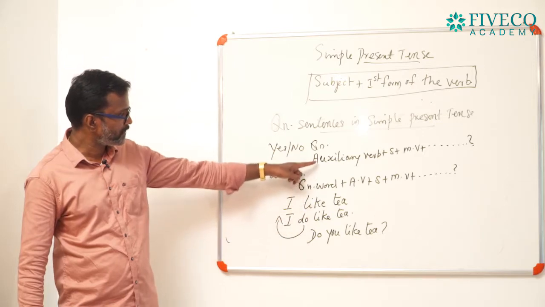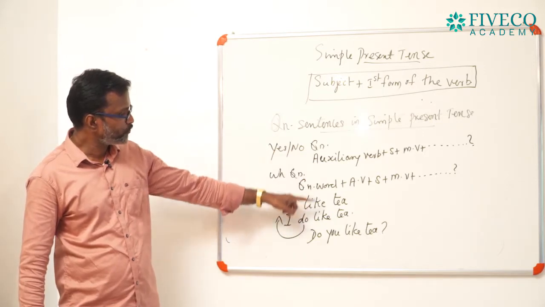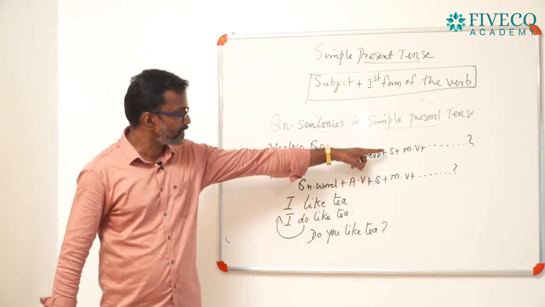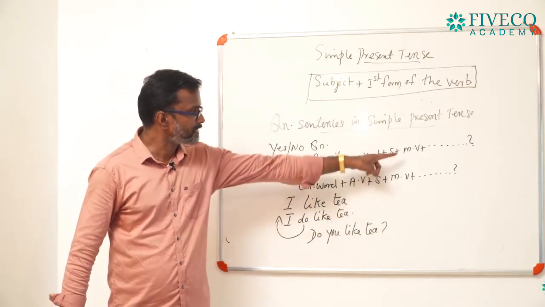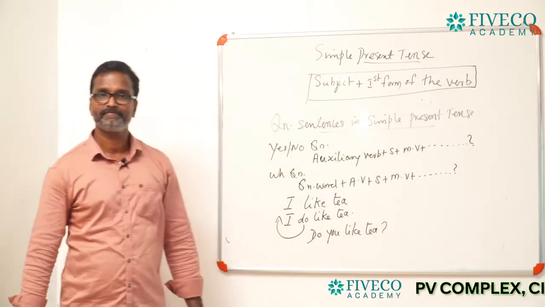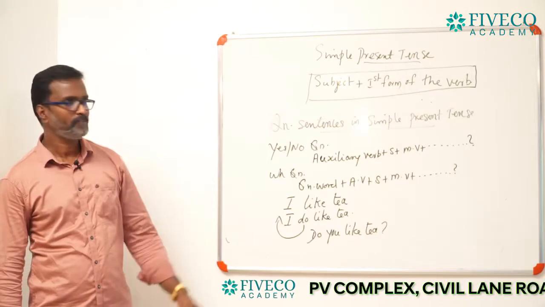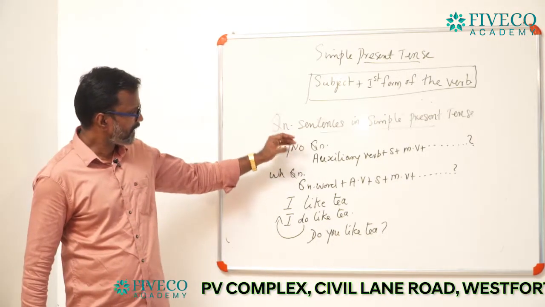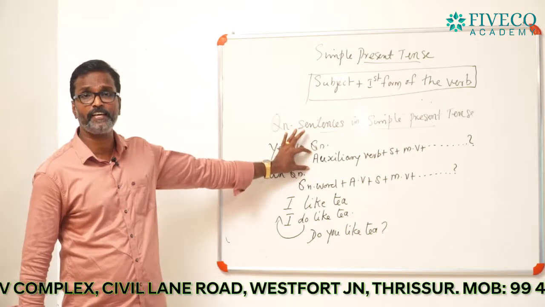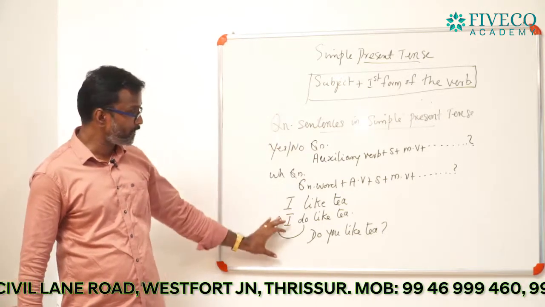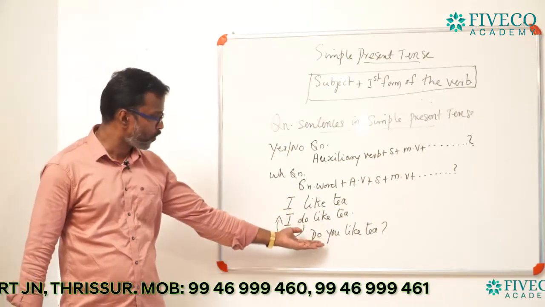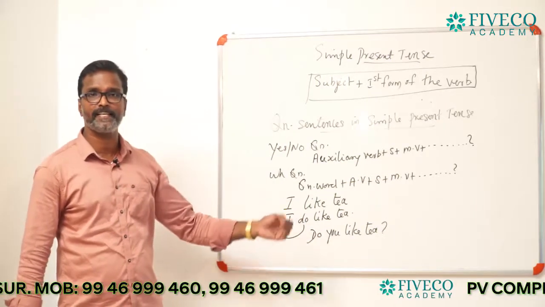Look at the formula: do is the auxiliary verb, you is the subject, like is the main verb, and the remaining portion of the sentence is tea. When you see the formula, you will be confused. You may think it is very difficult. But when you come to the sentence, it is quite simple. You can use the auxiliary verb at the beginning of the sentence.